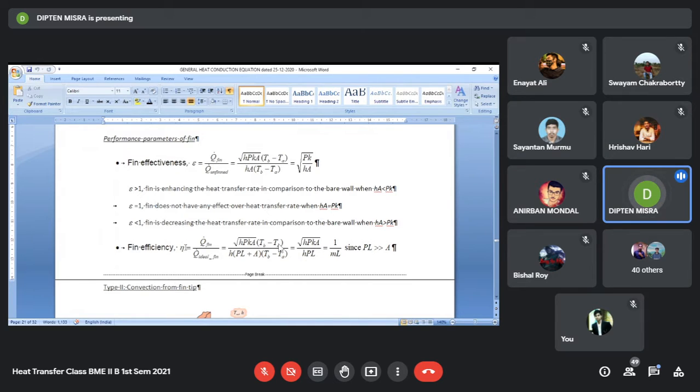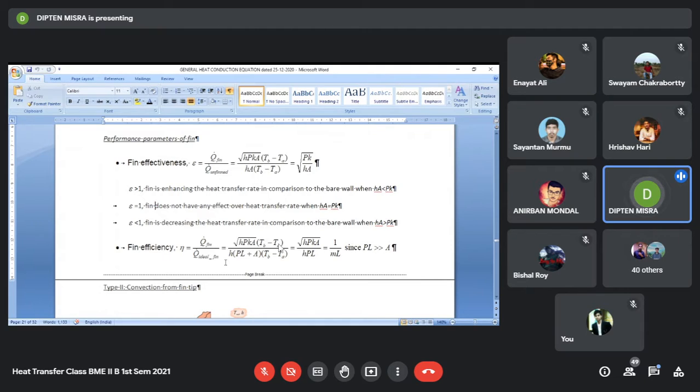What is fin efficiency? That is the rate of heat transfer from the fin divided by the maximum possible heat transfer from what we call the ideal fin, which is, if the conductivity approaches infinity, then the temperature drop throughout the fin will be negligible, so that the temperature throughout the length of the fin will be equal to the temperature at the base of the fin.